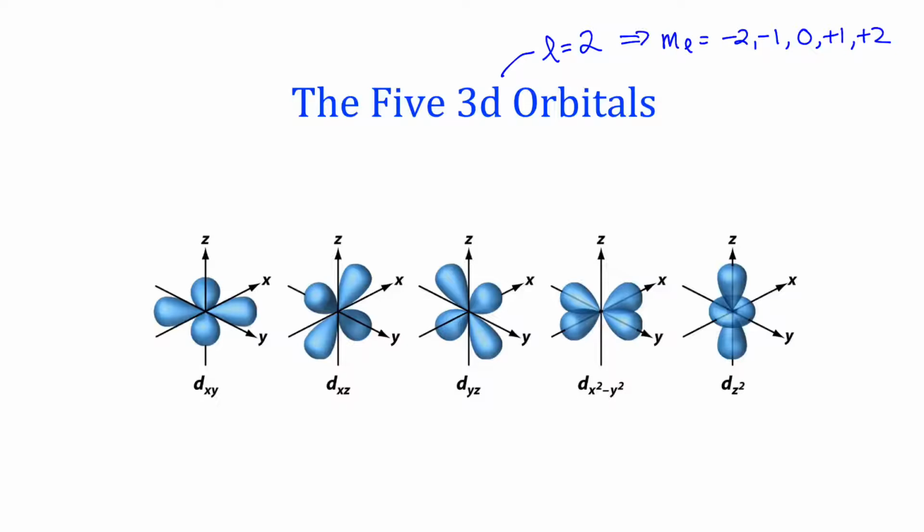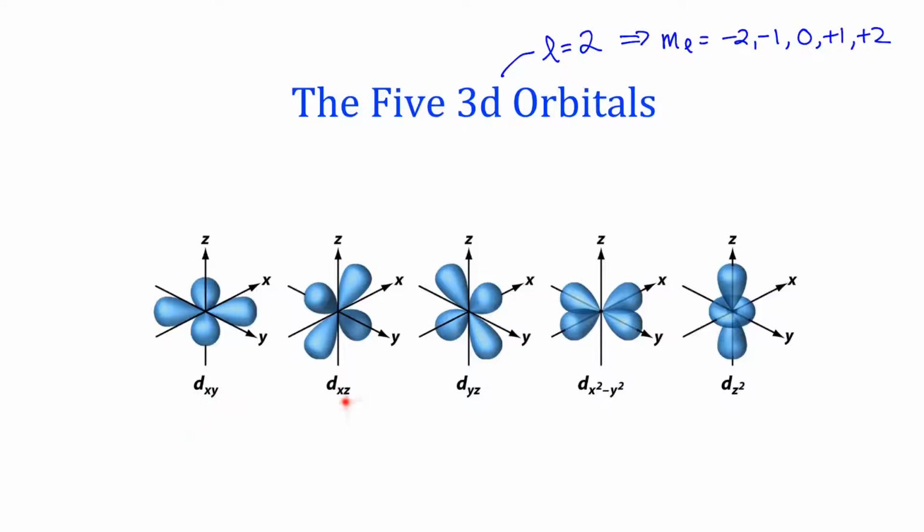So this first one, let's see how it gets the dxy label. If we look at this picture, we can see that we have a lobe that is oriented directly between our x and y axes. Here's our x-axis, here's our y-axis, and our lobe is right in between there. So that's why this one gets the xy label.